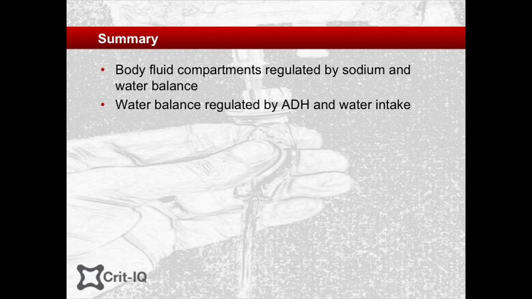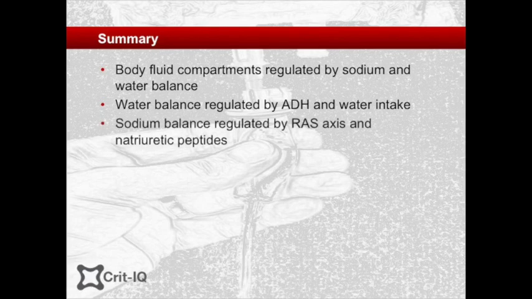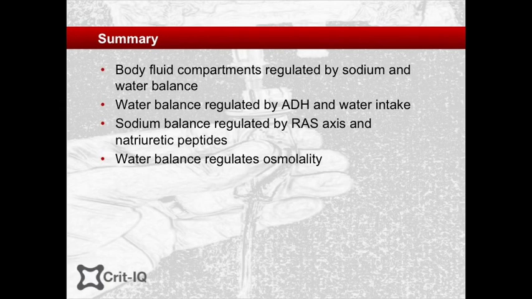Parallel behavioural mechanisms such as thirst increase water intake. Sodium balance is largely determined by the renin-angiotensin-aldosterone axis and the counterbalancing natriuretic peptide mechanism. In short, water balance regulates osmolality, while sodium balance controls the volume of the ECF.